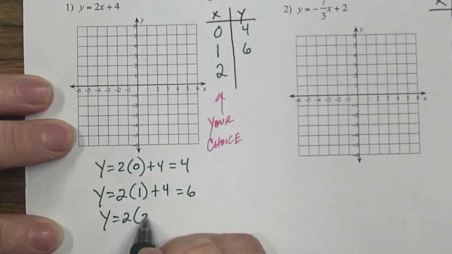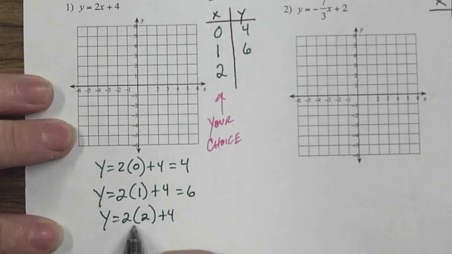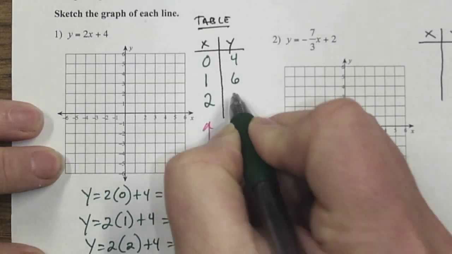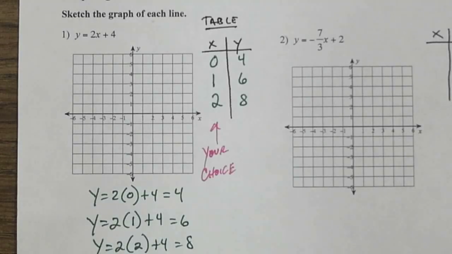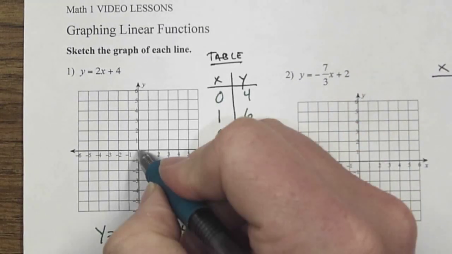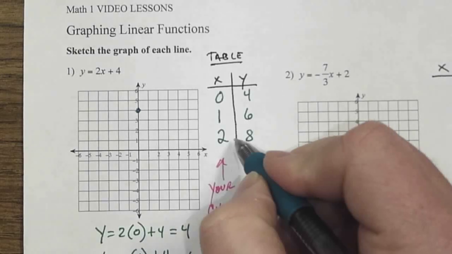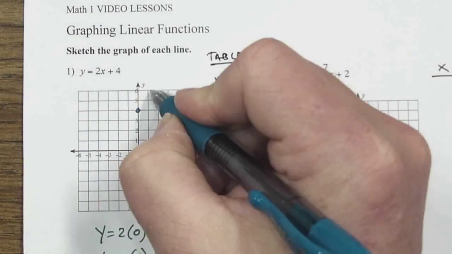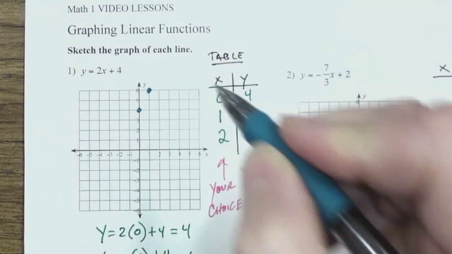Y equals 2 times 2 plus 4. What's 2 times 2? 4 plus 4, 8. So there's my table. Now, 0, 4: over 0, up 4. Over 1, up 6. Over 2, up 8.